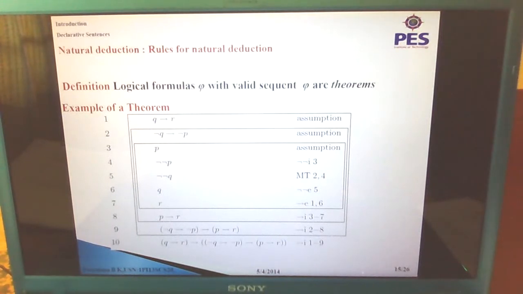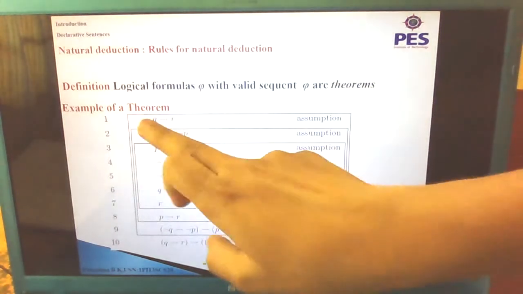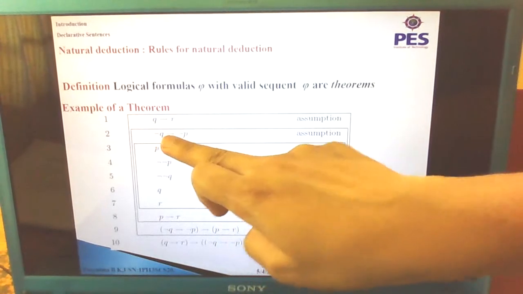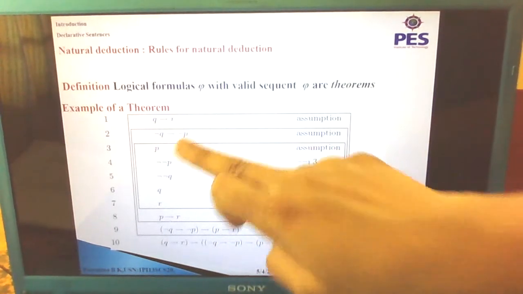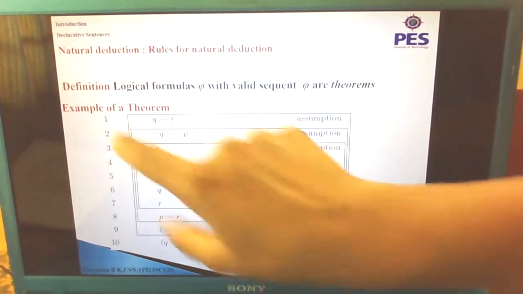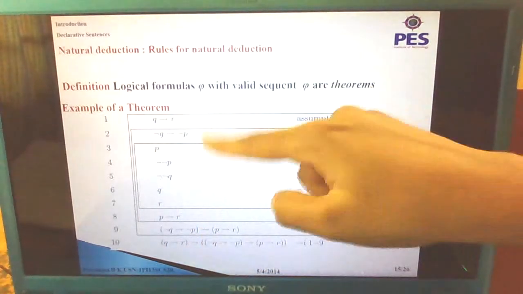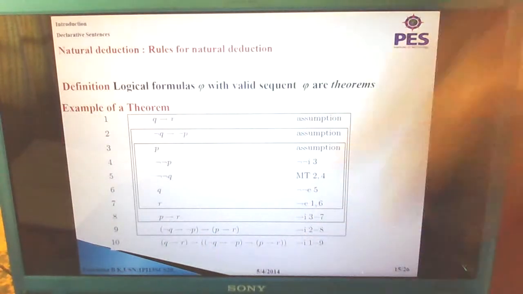Logical formulas psi with a valid sequence phi are the theorems. Example of a theorem. Here q implies r is our assumption. Negation of q implies negation of p is also our assumption. P is our assumption. So we are considering three assumptions, and we are putting these three in separate boxes.